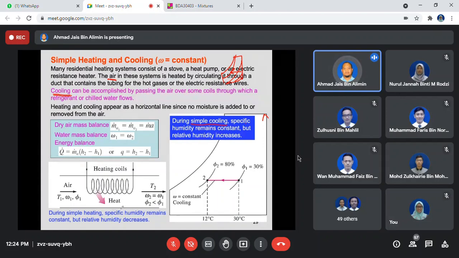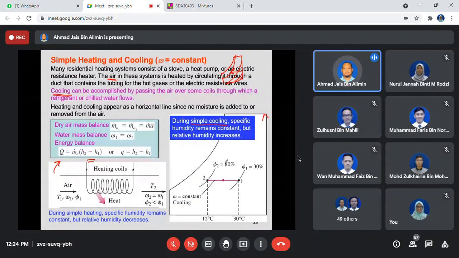So during simple heating, specific humidity remains constant, but relative humidity will decrease. Why? Because the heat will temper or have some effect on the water content. In this analysis, everything is reduced to the enthalpy, because when we're talking about thermodynamics, we want to locate and identify the enthalpies involved in that particular process.